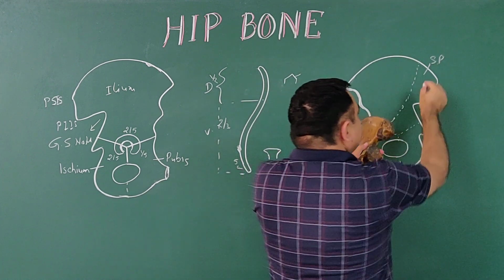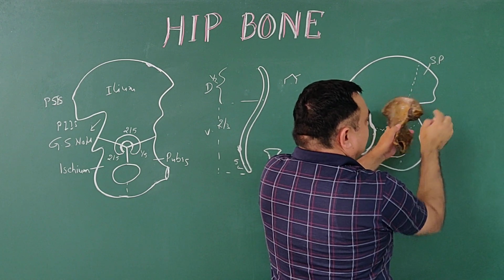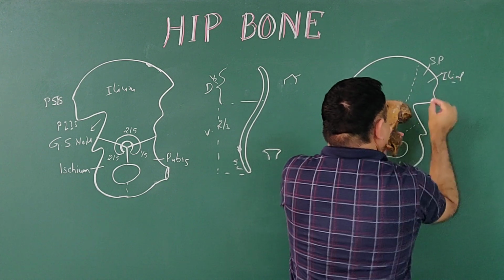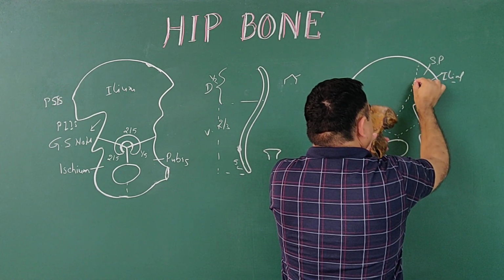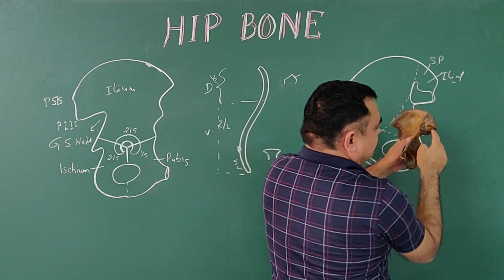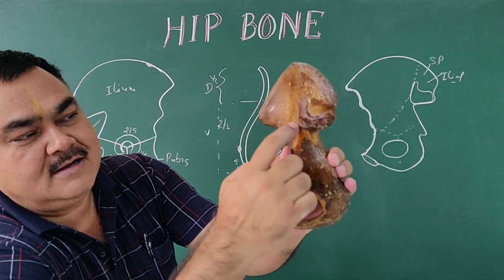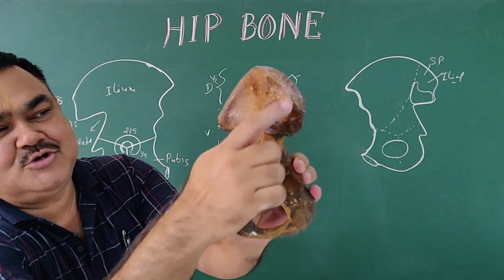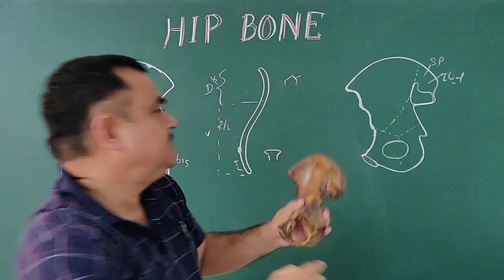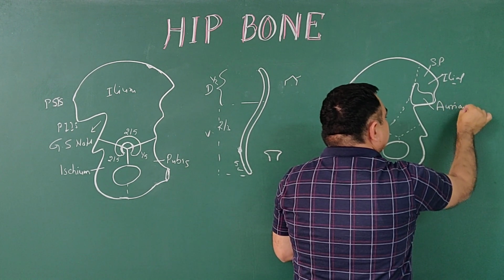It is again divided: this part is the iliac tuberosity, and this part is the auricular surface.